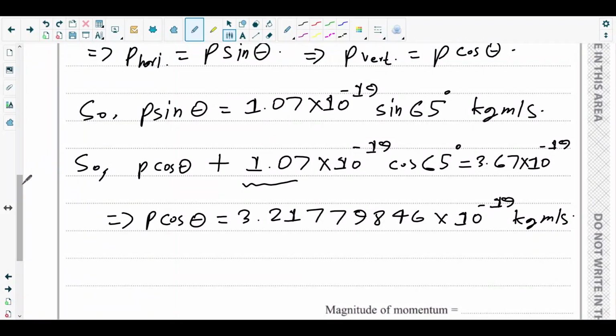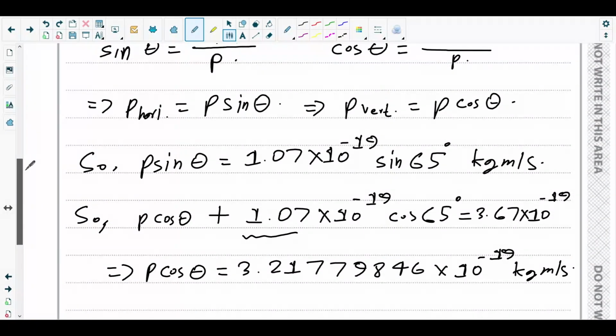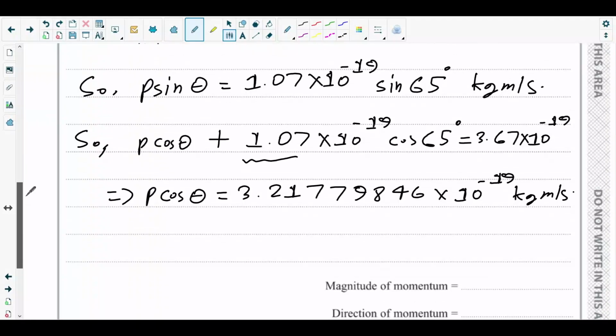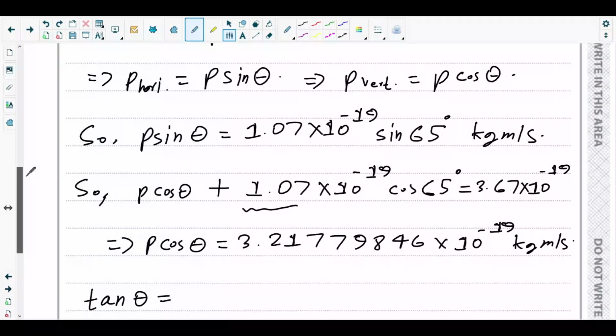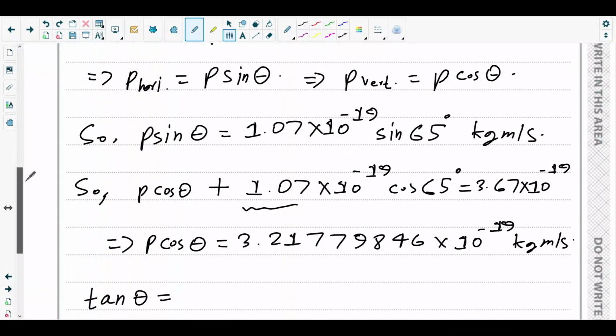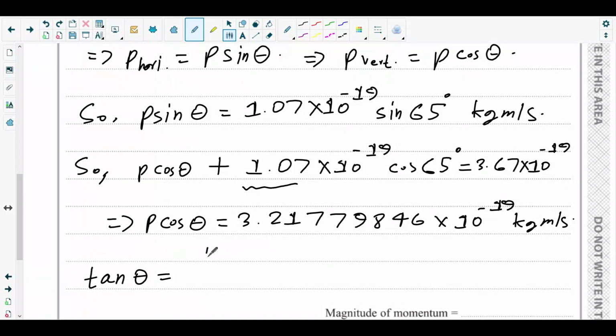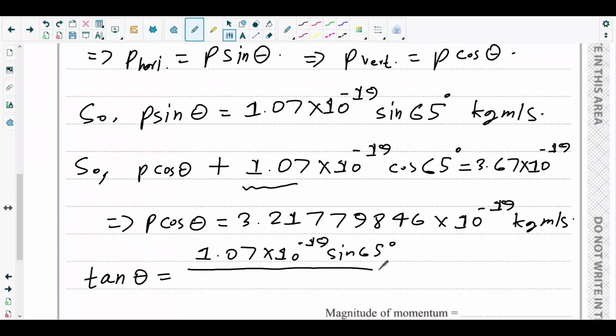Now divide P sin theta over P cos theta. Sin theta over cos theta is tan theta. So tan theta equals 1.07 times 10 to the power negative 19 sin 65 degrees over the value for P cos theta, that is 3.21 times 10 to the power negative 19.